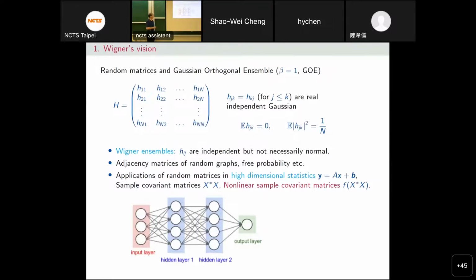Historically it's quite funny. I started looking at this problem from this point of view. I was studying random matrices, and that was about 12 years ago.